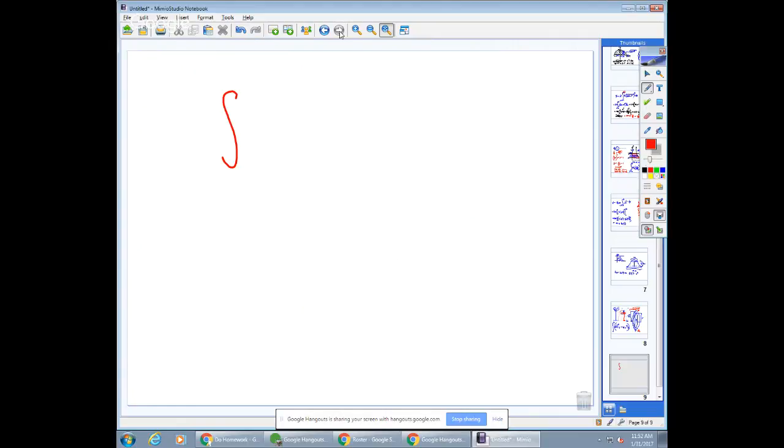So I would have the integral as x goes from negative pi over 4 to pi over 4, and put your parentheses. We have our big R, which was what, 5?